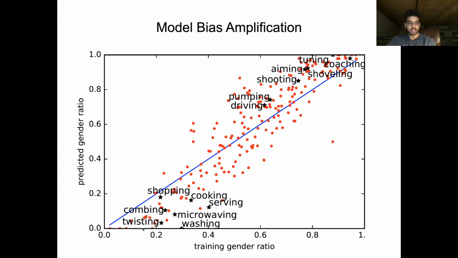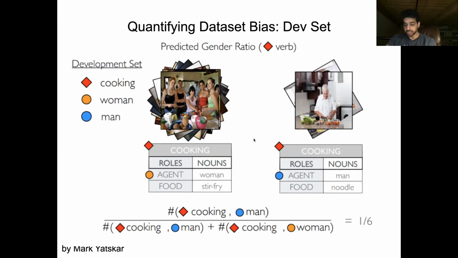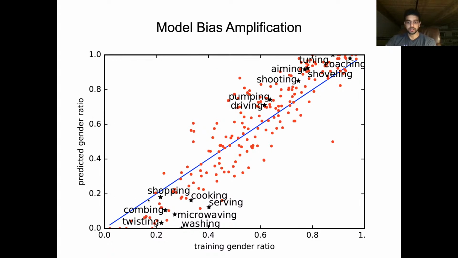So here you see on the x-axis the training gender ratio. I believe this is the number of men associated with cooking over the total. So things like cooking and serving and microwaving all have a pretty low training gender ratio. And then you see the predicted gender ratio on the y-axis.